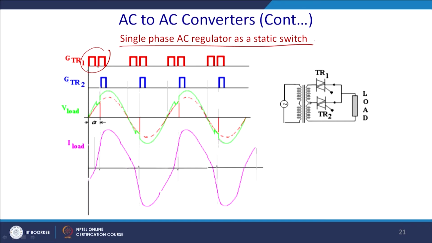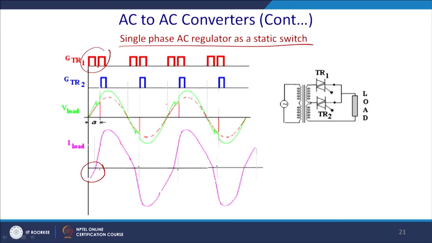It will have a delay of angle alpha. We assume that it will be delayed by a small angle alpha, and generally loads are inductive. So, this will be the profile of the current, and it has been delayed like this. So, you will get this kind of profile of load voltage across the load.